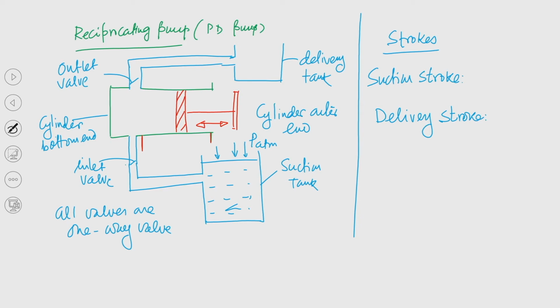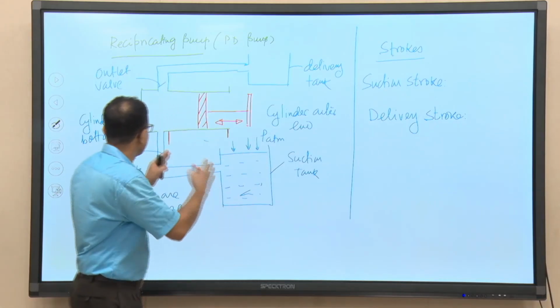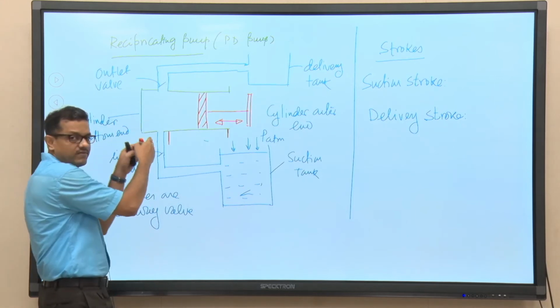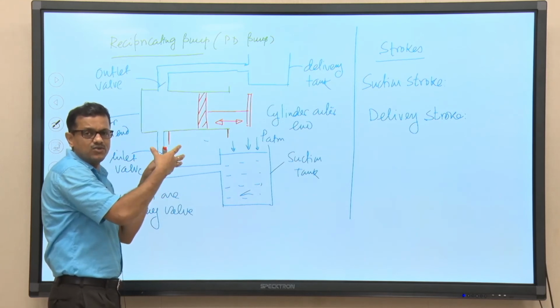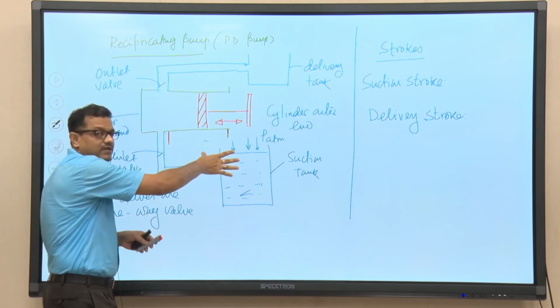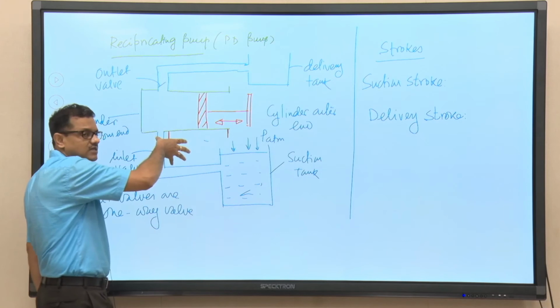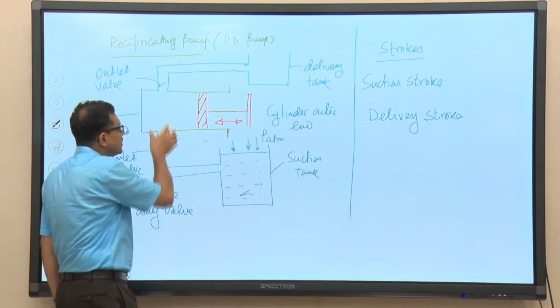Now, as I told you, when the piston is coming towards the cylinder outer end, the piston motion will be decelerated. When the piston movement starts from the cylinder bottom end, its movement will be accelerated. That acceleration will reduce the pressure inside the cylinder from the atmospheric pressure acting on the liquid surface, as a result of which the liquid from the tank will flow into the cylinder.